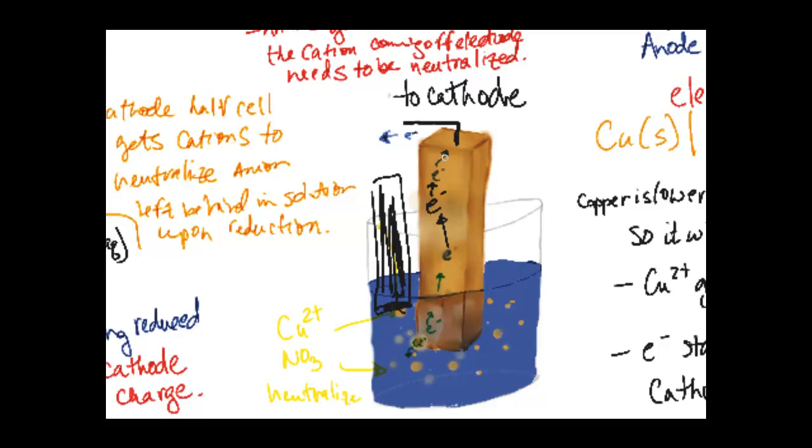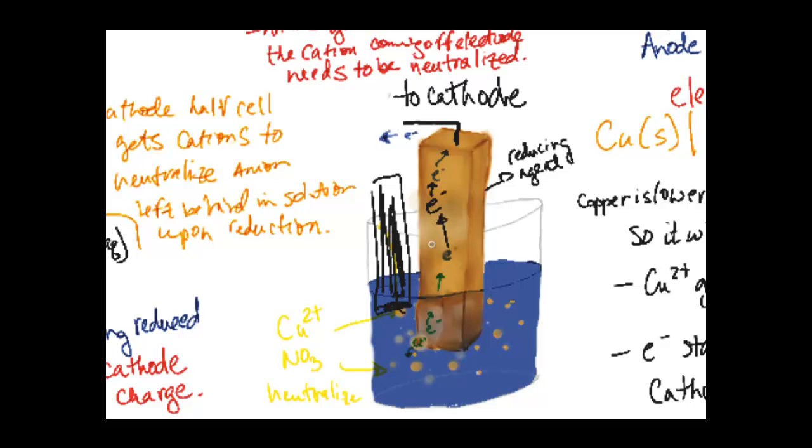It released these electrons. So copper is the oxidizing agent, or is it the reducing agent? Well, in this case, even though oxidation is taking place, copper is the reducing agent. It gives up the electrons so that reduction can take place.